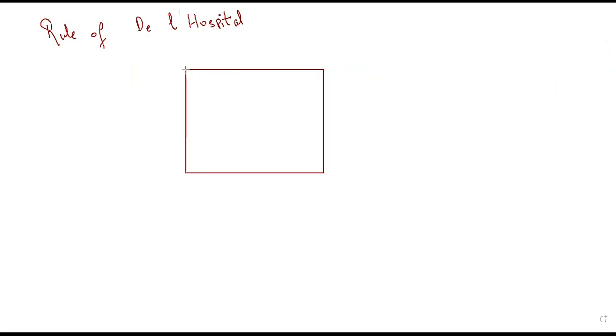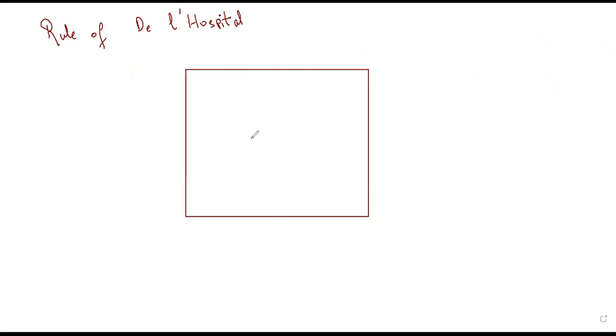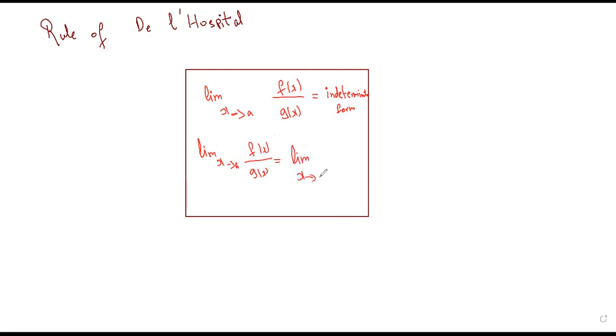Okay, so let's say this was the question: limit x is going to a, and you had f of x by g of x, and this was giving you indeterminate form. So this limit f of x over g of x would be equal to limit x going to a, but we have a modified function now.